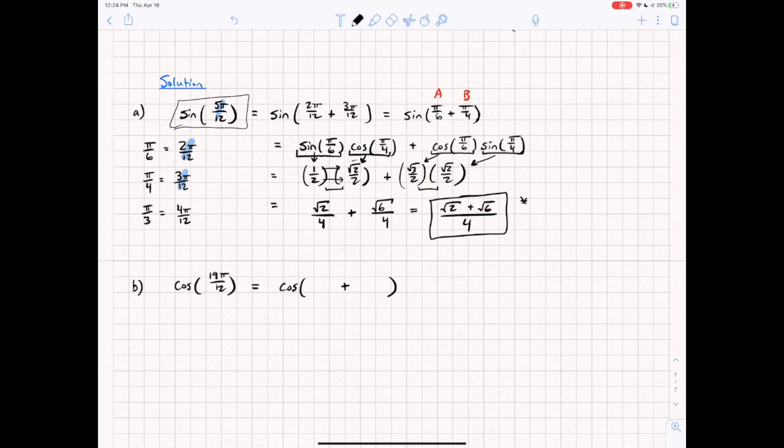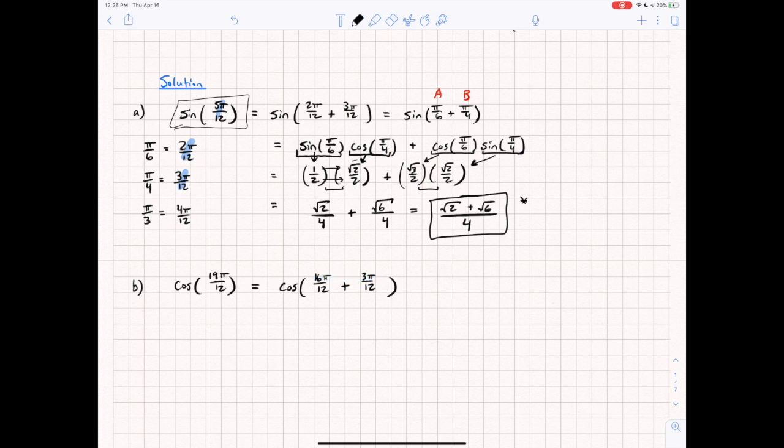So essentially, I want to break it down into something like 16 pi over 12 and 3 pi over 12. So notice that if I add these numerators, I would get 19 pi over 12. So this is a pair that works.